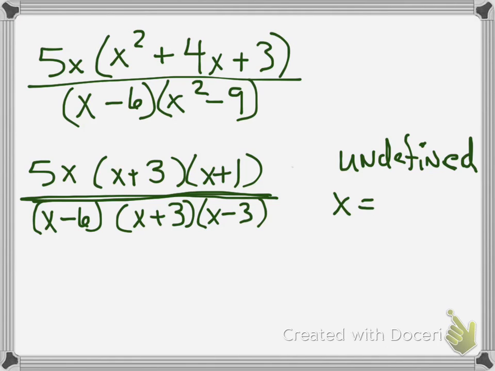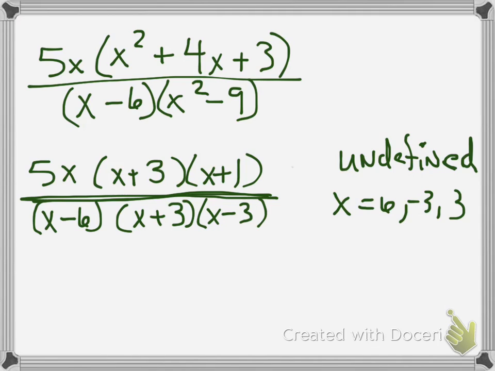Because you can't have 0 in the denominator, and 0 times any of those would give you undefined. So just think opposite. What's the opposite of a negative 6? Positive 6. What's the opposite of a positive 3? Negative 3. What's the opposite of negative 3? Positive 3. It's kind of as simple as that. Yes, there's ways I can make that harder, but that makes it kind of simple.